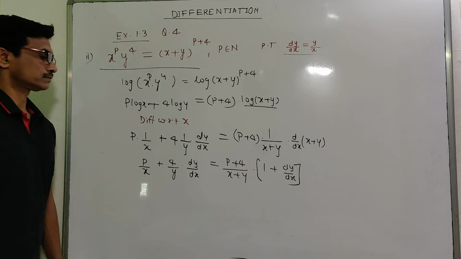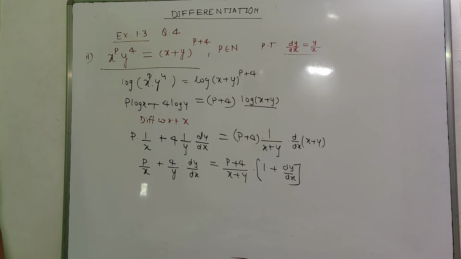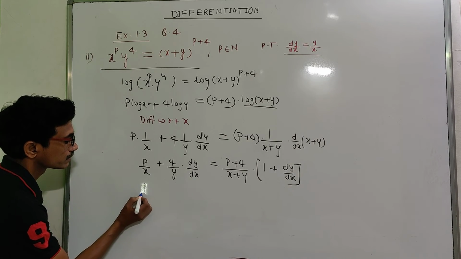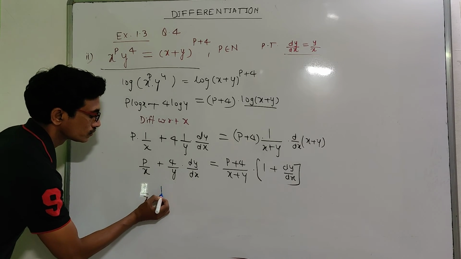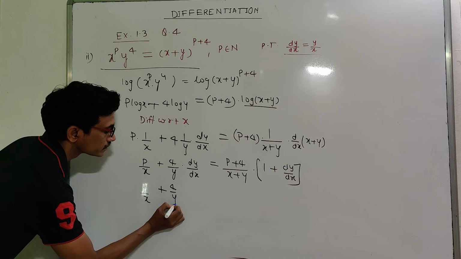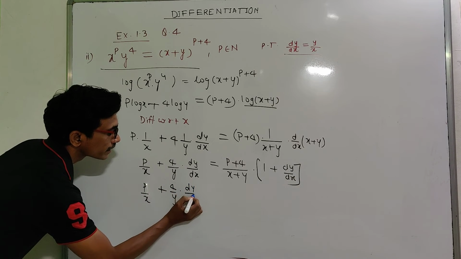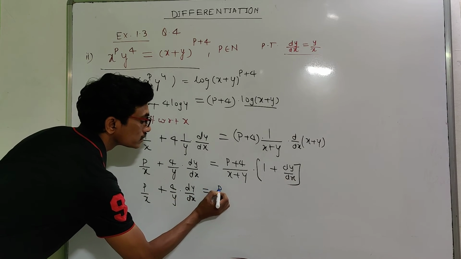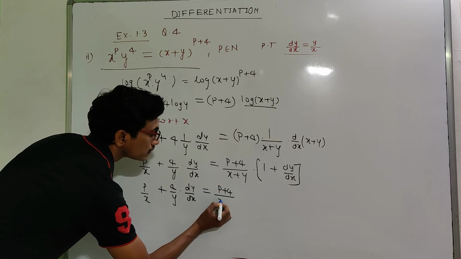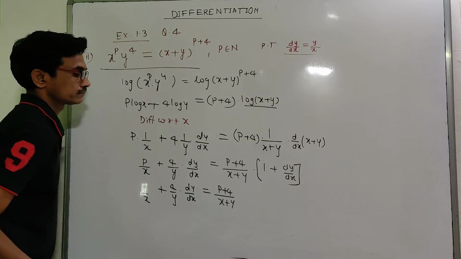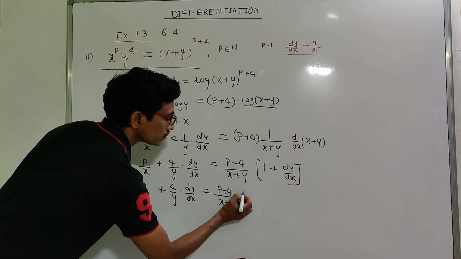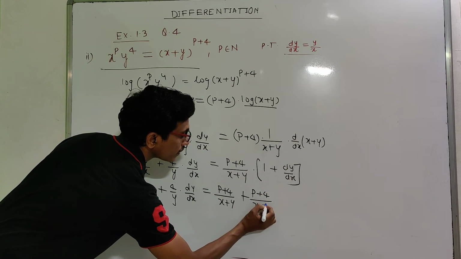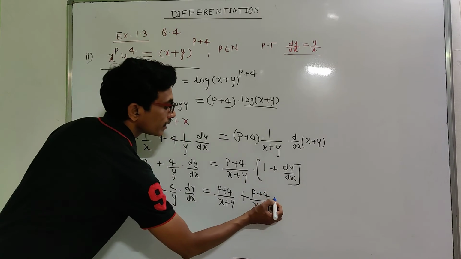Here we collect the dy by dx terms. Left hand side p upon x plus 4 upon y dy by dx. Right hand side will be (p plus 4) upon (x plus y) multiplied by 1, again (p plus 4) upon (x plus y) dy by dx.